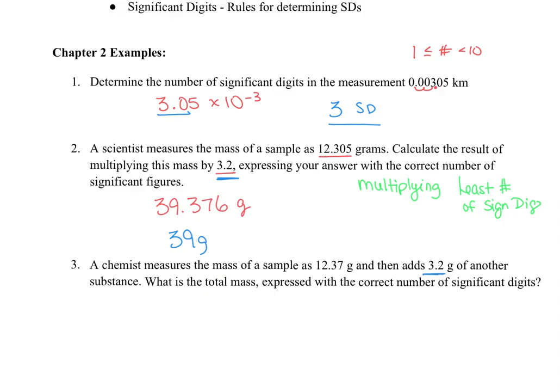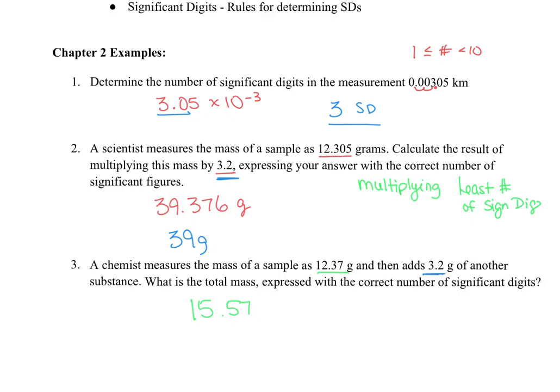3.2 is my least precise, meaning they only gave me 1 decimal place. This is more precise. They had to have a tool that measured to the 100th of a place right there. And so I'm going to use my least precise measure. My least precise was 1 decimal place. So when I add these two, I do get 15.57.